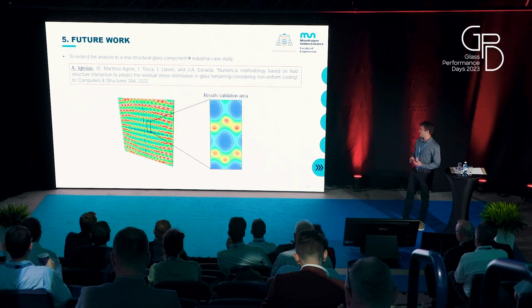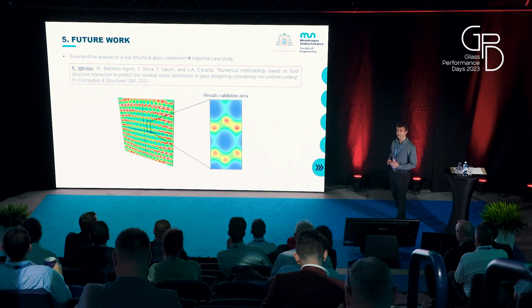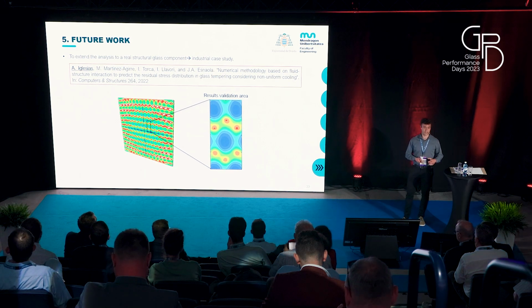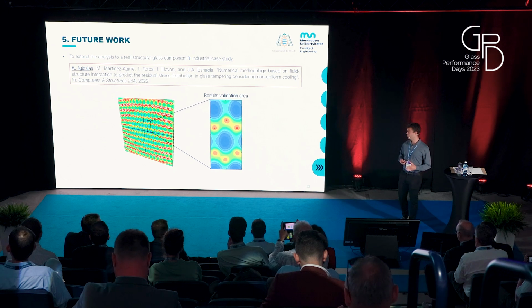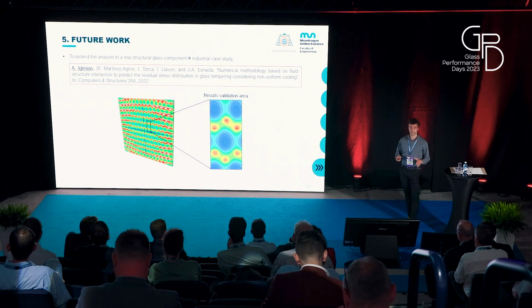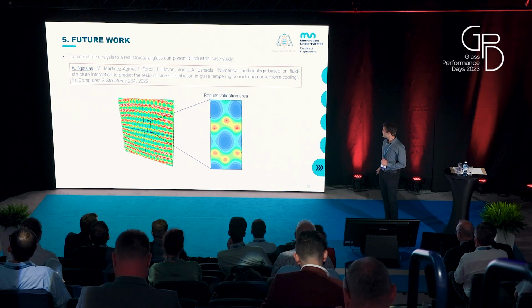We validated our results with the experimental data available there, which was a tempering case, and the side length of those plates was 300 millimeters without oscillation, there were no rollers in that experimental case. It was the data available in the literature.